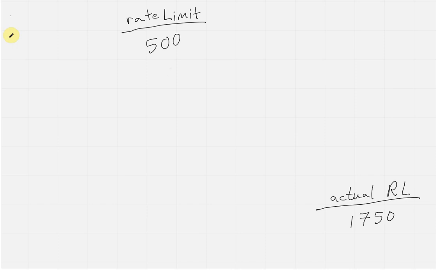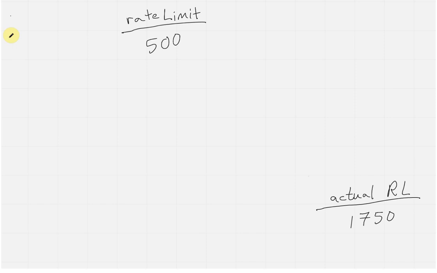That comes back successful, and then I wait 500 milliseconds and send out the second one. Well, that's going to fail, right? Because the actual rate limit is 1750. So maybe my thought was, just raise the rate limit if the rate limit doesn't work at first by some value. So I decided to have it be 1,000.